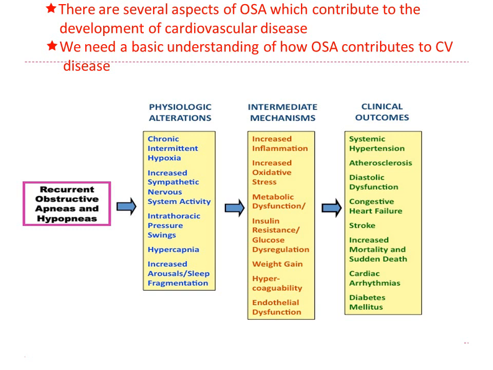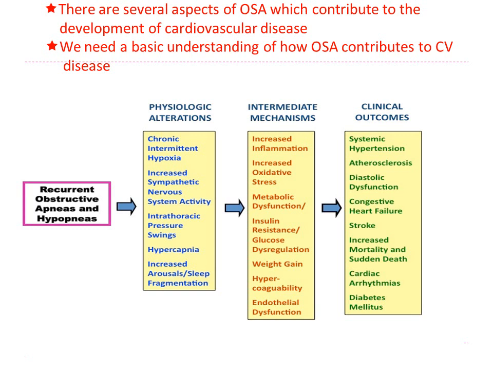It's the chronic intermittent hypoxemia, the increased sympathetic nervous system activity, the intrathoracic pressure swings, the hypercapnia, and the sleep fragmentation. All of those cause an increase in inflammation, an increase in oxidative stress, metabolic dysfunction, insulin resistance and glucose dysregulation, weight gain, hypercoagulability, and endothelial dysfunction.